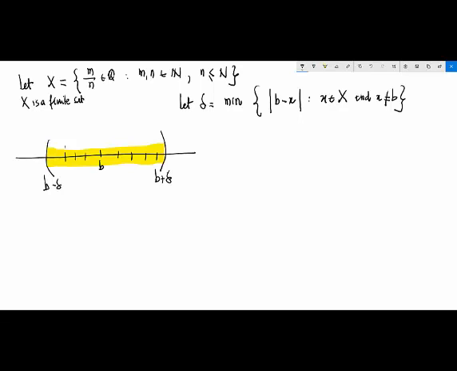Because I already used a delta, let me call this here delta 1. This will be a positive number.